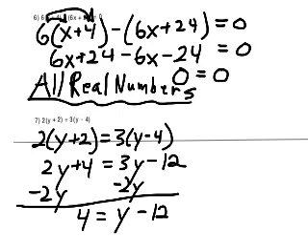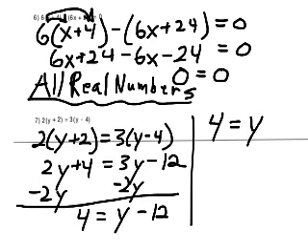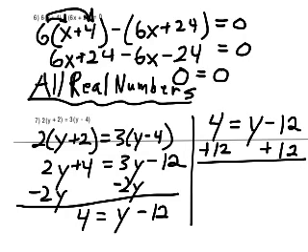I have to rewrite that up here. 4 equals y minus 12. Okay, so to have a positive y equaling something, we've got to add 12 to both sides. And this gives us y equals 16. Ta-da!